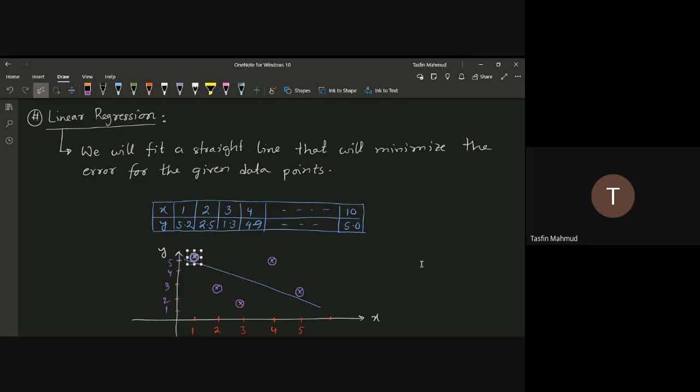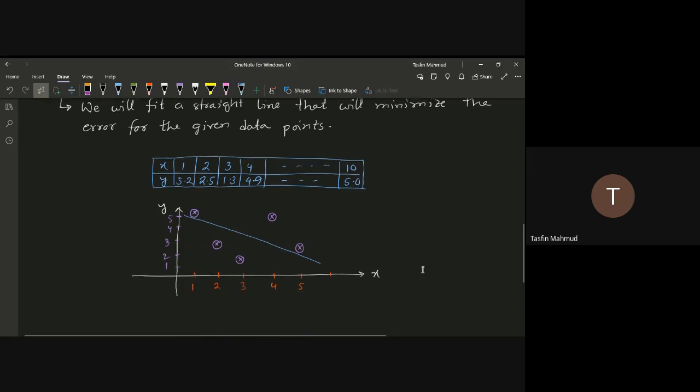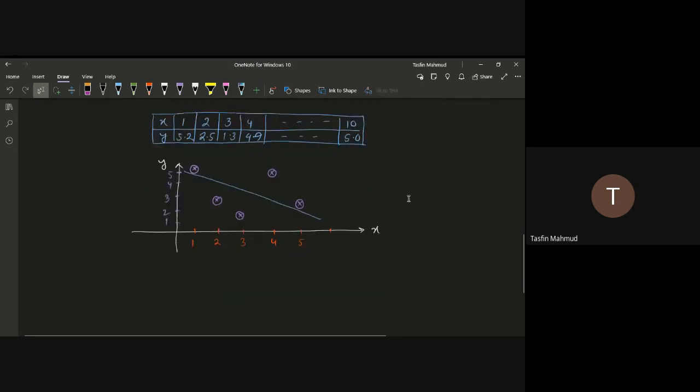Okay, so let's talk about the errors now. So we have fitted this blue colored straight line, and we are provided with these purple colored given data points. So error, we can define error in several ways. One type of error could be the absolute error.